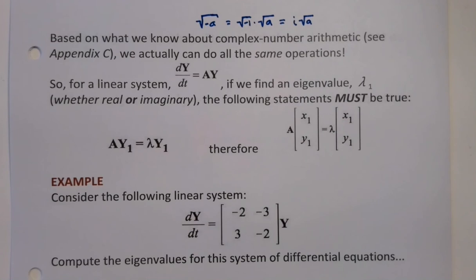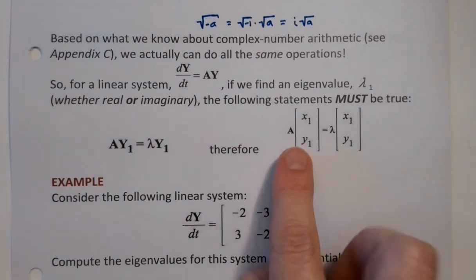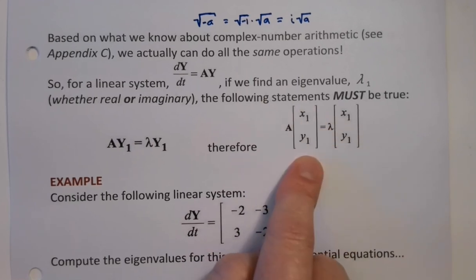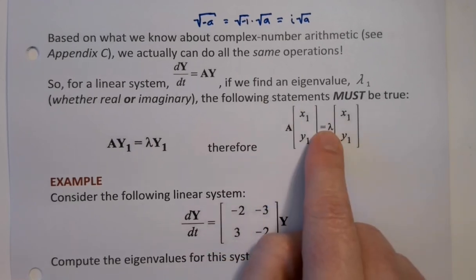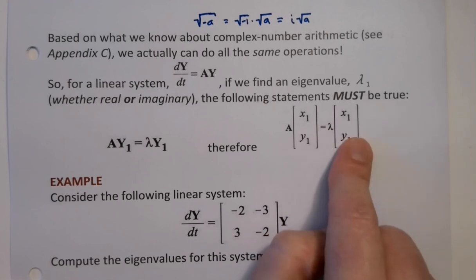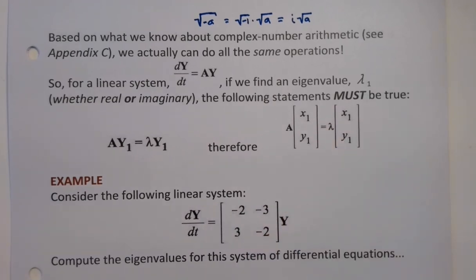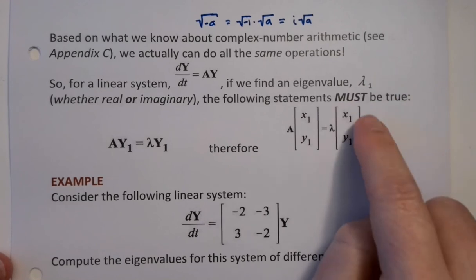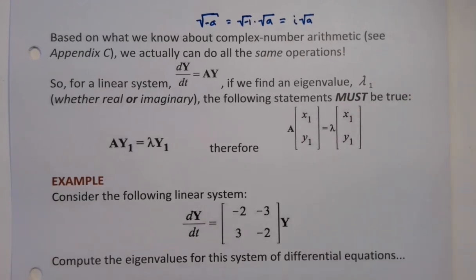So we'll pick up a little bit about complex number arithmetic. But basically all the same operations apply, which means the same situation must be true. That means that our coefficient matrix times an eigenvector must be equal to the particular eigenvalue times that same eigenvector. That must be true in order for lambda to be an eigenvalue and x1 and y1 to be the eigenvector.